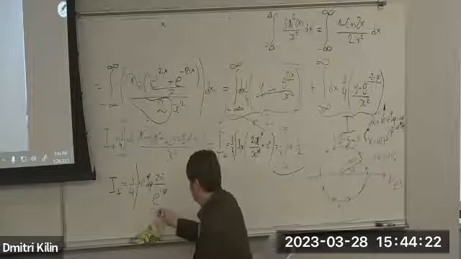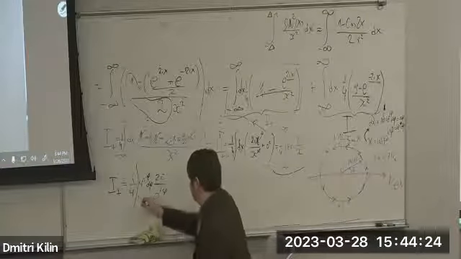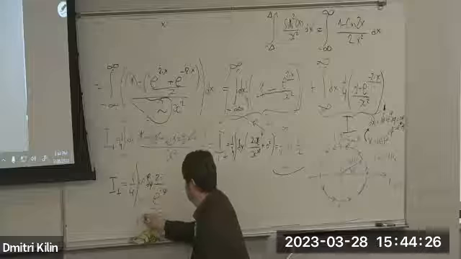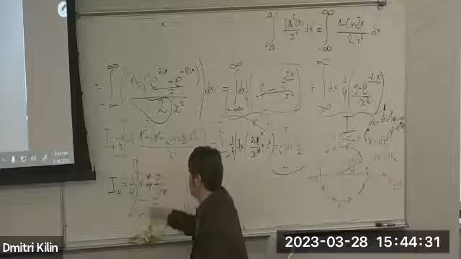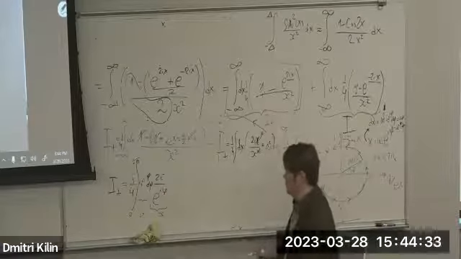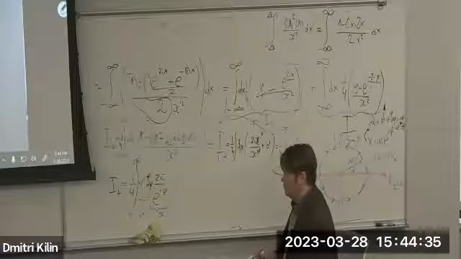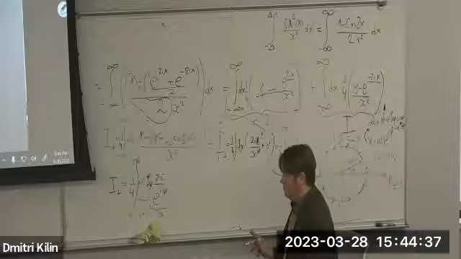So this was x, this was dx. Now we have the integration in limits from 0 to 2 pi. Any errors? Any suspicion?